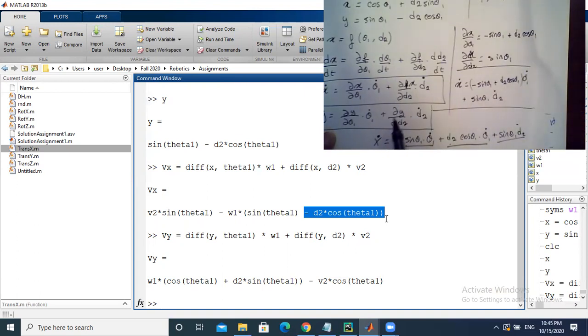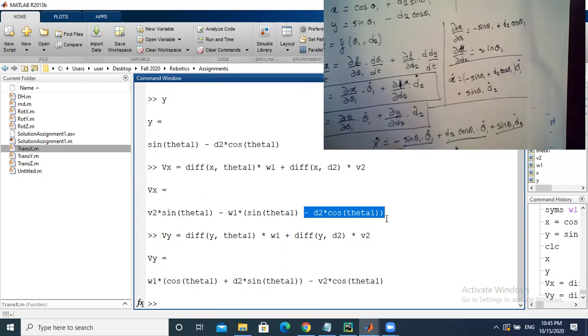I think the issue is here, when we're multiplying dx d theta by theta 1 prime, which is minus sine theta 1 prime plus d2, and dx d2, which is sine theta 1. So this guy basically should just be a negative.